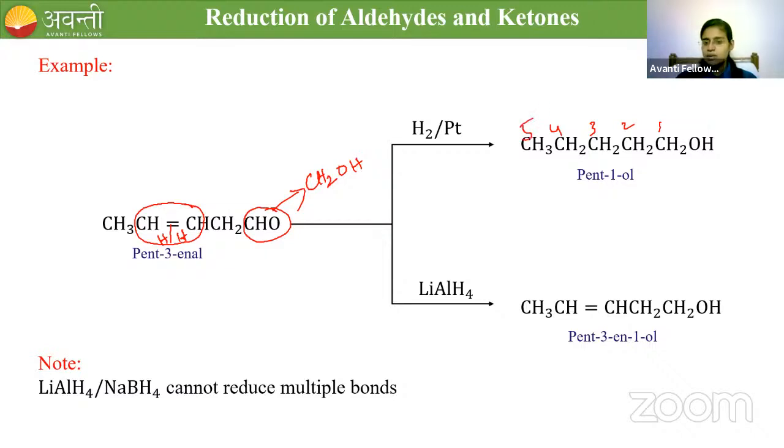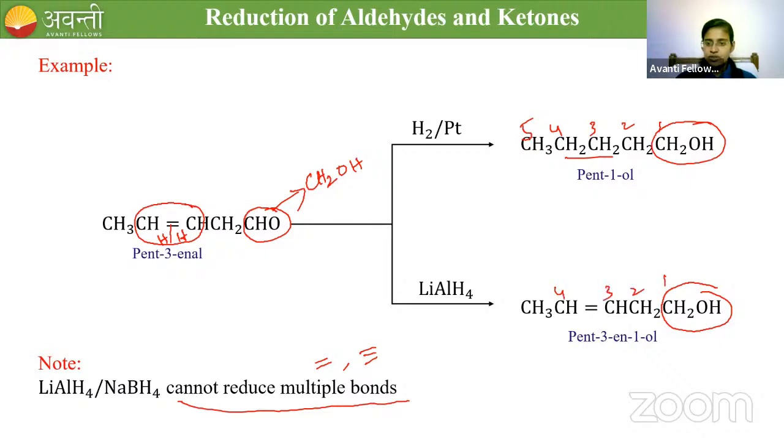Coming to lithium aluminum hydride, since it cannot reduce the multiple bonds, meaning the double bond and the triple bond, the double bond will not be affected. Only the aldehyde is converted to alcohol. But here, both the aldehyde and the alkene were affected. So the name of this compound is 1, 2, 3, 4, 5, pent-3-en-1-ol. So is it clear to all of you?